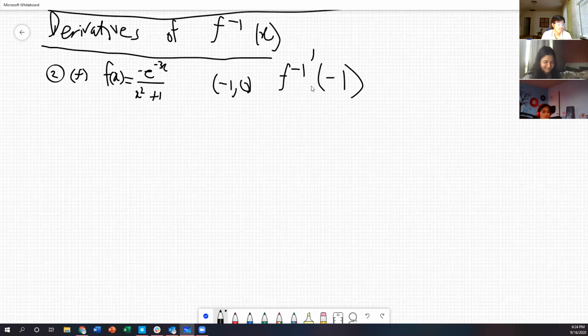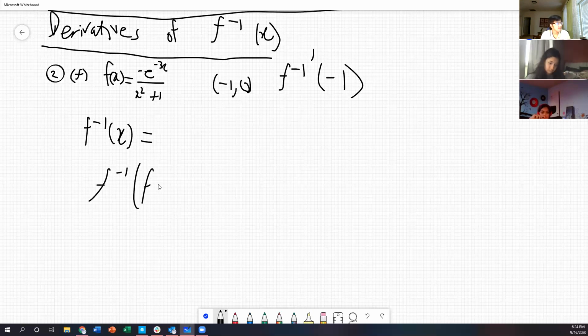Okay, so what we want is to be able to find a formula for f inverse of x, assuming we don't memorize anything. So let's try two things. I know that I'm going to use the property that f inverse of f of x equals x.